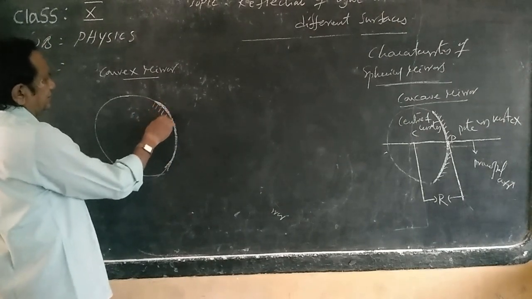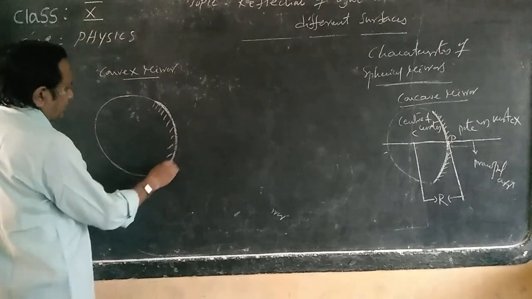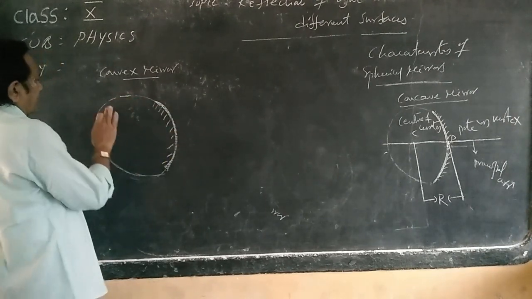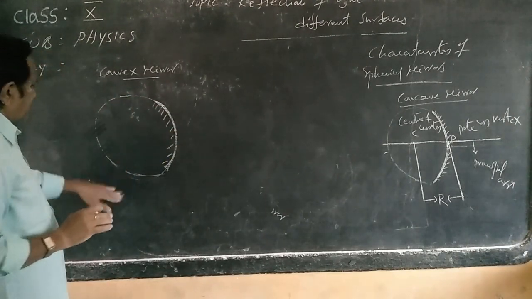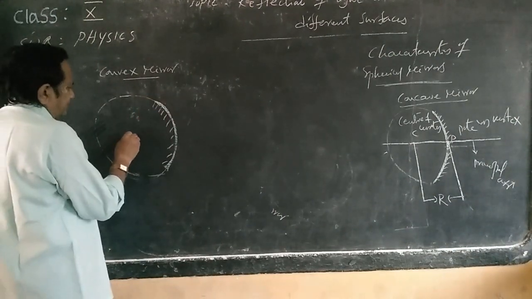So this is the opaque side, and the remaining two are dots. This is the center of the sphere.